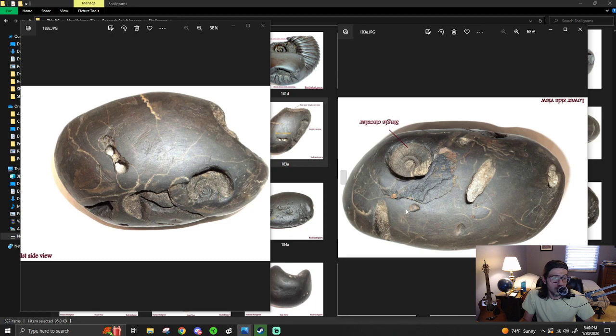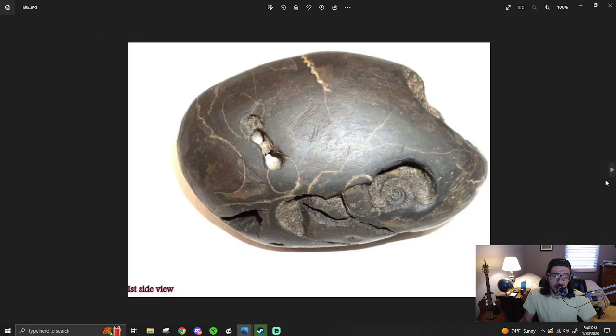This way. And then it looks like maybe even multiple currents holding a boundary here. Okay, let's go on. Let's just move on though.